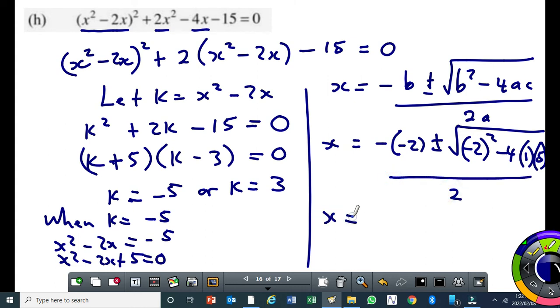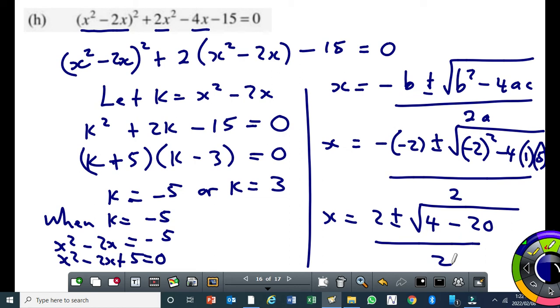So we get x equal to positive 2 plus or minus the square root of 4 minus 20. Those of you who did the work, did you try to go through the quadratic formula? Okay.